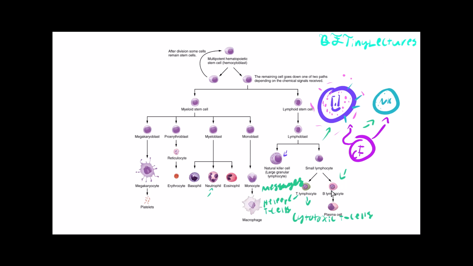Here we have the B lymphocytes, and the B lymphocytes are going to make something special called antibodies. The macrophage is just going to be wandering around the body, and let's say it sees a pathogen. This one right here is a bacteria, and the macrophage is going to nibble on the bacteria, and it's going to take a part of this bacteria and present it to the B cell.